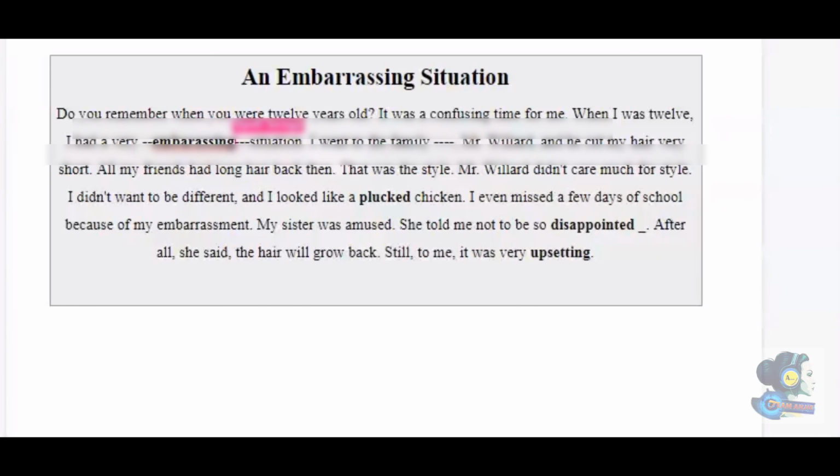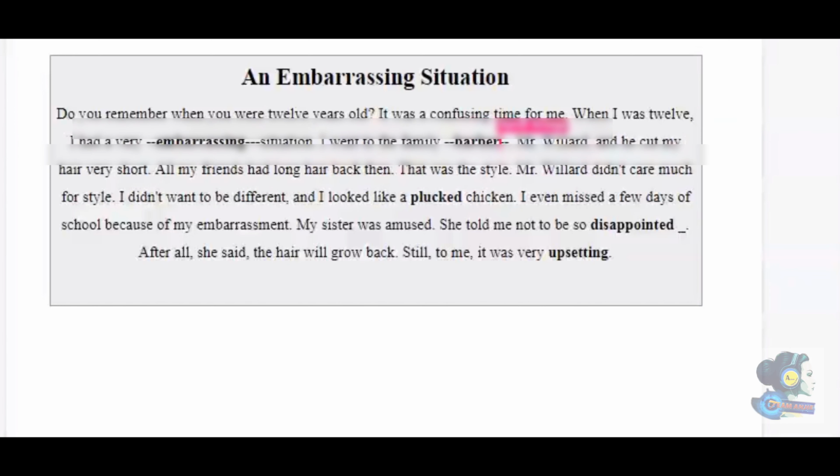Oh, okay. So this one is actually barber. Do you know what is barber? You know it. Ah, okay. So it is the one who cuts our hair in a salon or other shops. All right. It's okay.